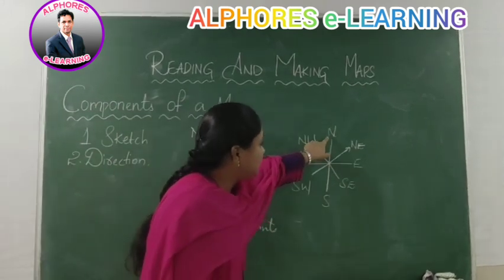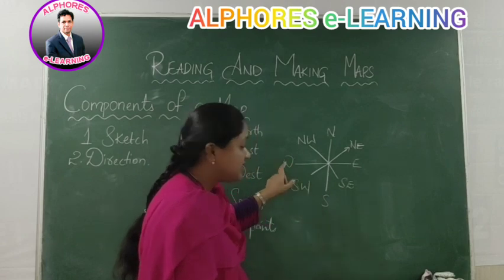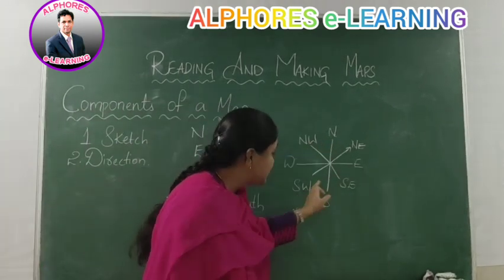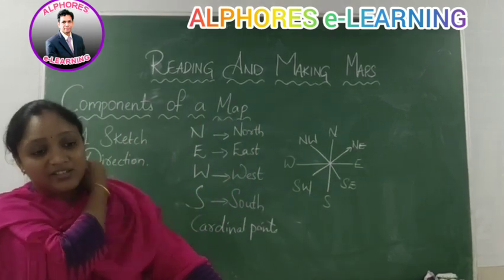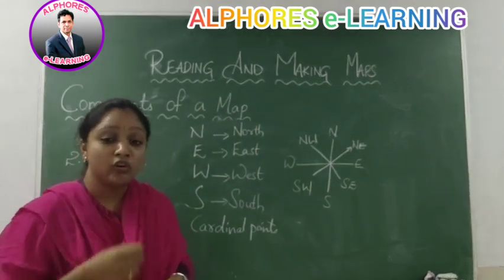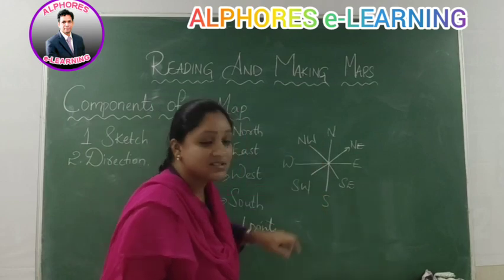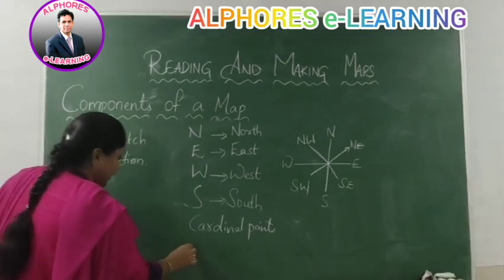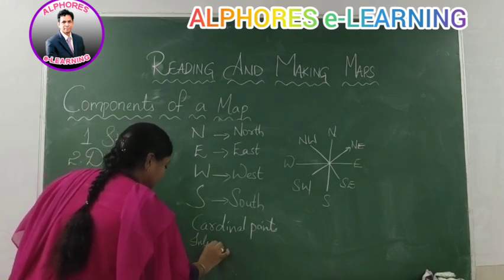So we have learned that these four are called cardinal points. Then you can ask me, ma'am, what are these 4 directions called? These 4 directions are called intermediate directions.